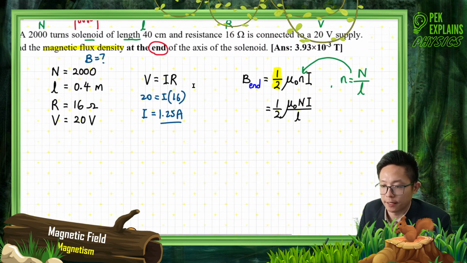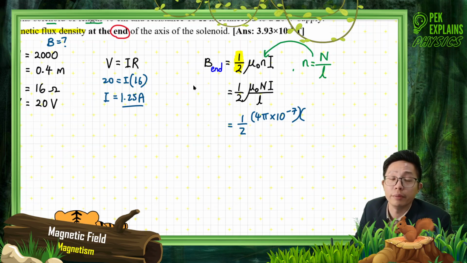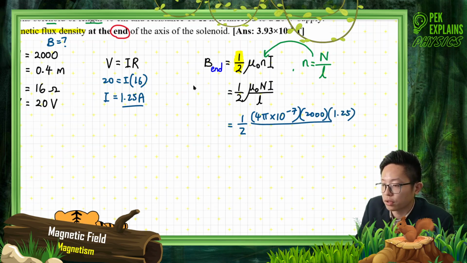So mu naught is 4 pi times 10 to the negative 7. This value you can find in the list of constants, which will be provided in the exam. Then total turns 2000, and current I got 1.25 just now, and the total length is 0.4.